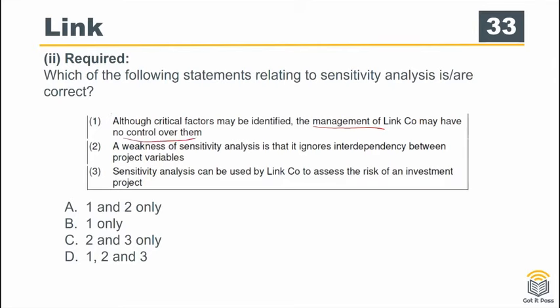Is it correct? Yes. It's also one of the limitations of sensitivity analysis.